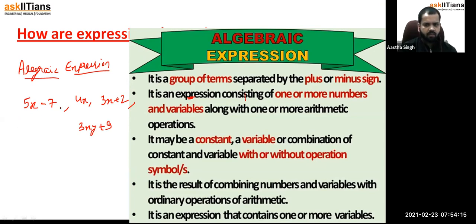Plus or minus sign can be there. One or more numbers, okay. It may be a constant, right? Your 3 can be your algebraic expression. Only 3 also can be your algebraic expression, right? x is your algebraic expression. Only x. So x, y, z, z plus 2. You can write anything having your constant and your variable and some operation between them.